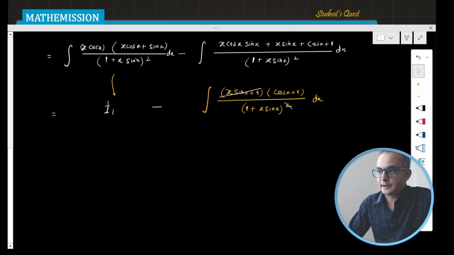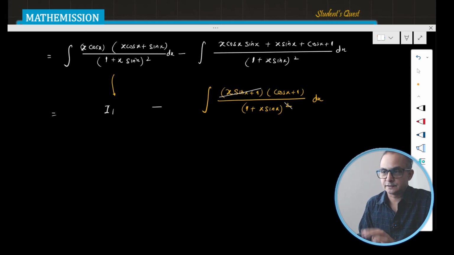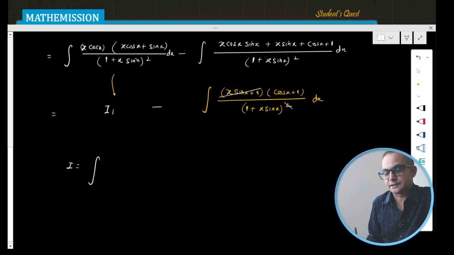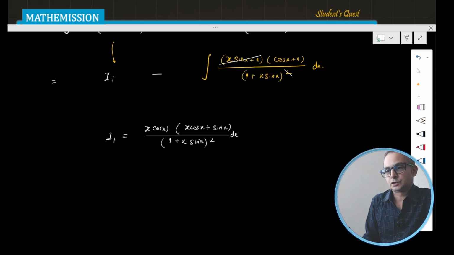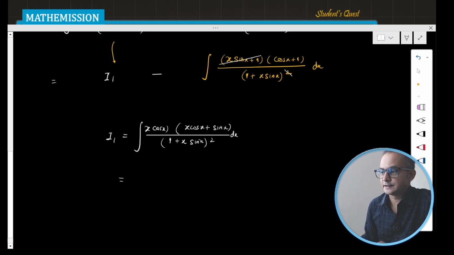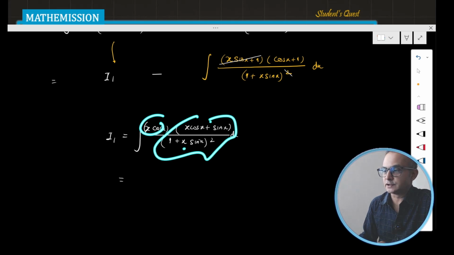Now I have this factor that remains. We will see how to manage. So first of all, I'm going to integrate this I1 by using by parts. So let me copy this thing from there. Now we have to integrate this I1, and we can see that this can be taken as u, using integration by parts. And this completely will be v, because the derivative of this quantity is given there.